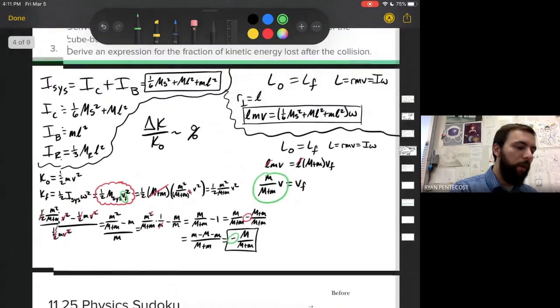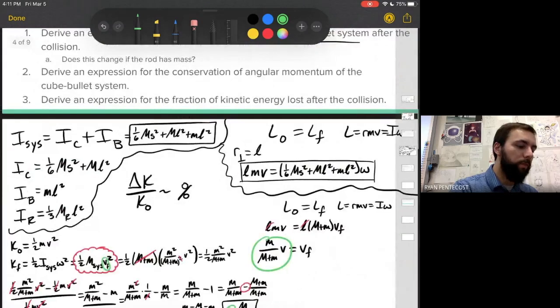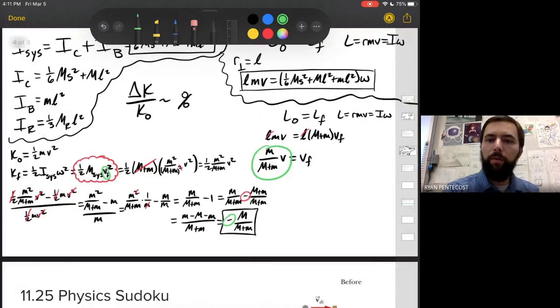So that is how we can do those problems with this cube bullet system. Now, if we had numbers, these answers might have a little bit more meaning, especially that expression for the fraction of kinetic energy lost. But we don't have any numbers, so that is what we're left with.